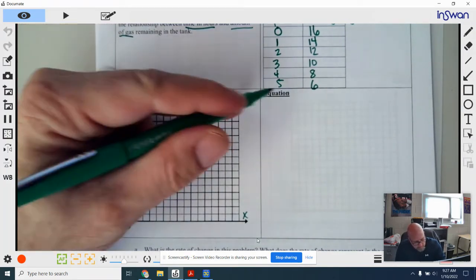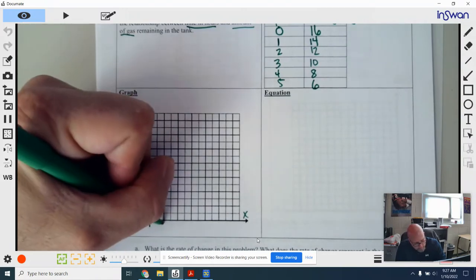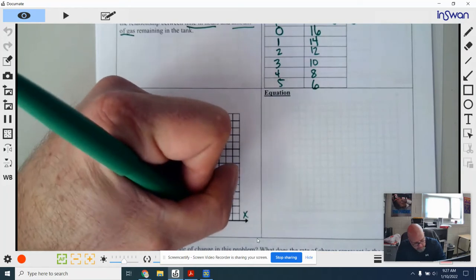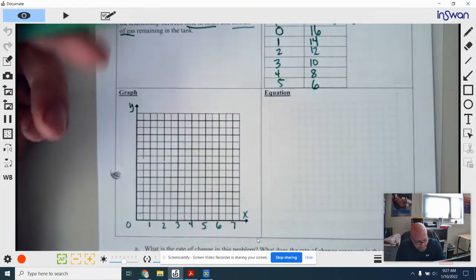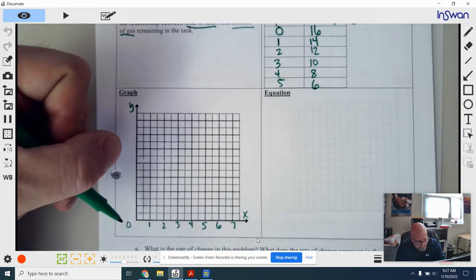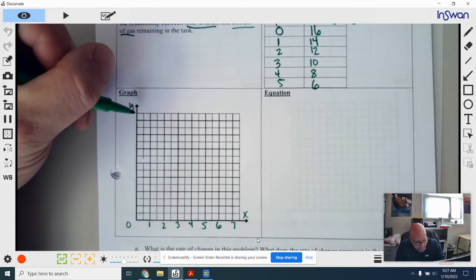And then, again, for X, I only need to get up to 5, so we can label it like we did before. 1, 2, 3, 4, 5, 6, 7. And then I see I need to get all the way up to 16. If I recall correctly, we could only get up to 15.